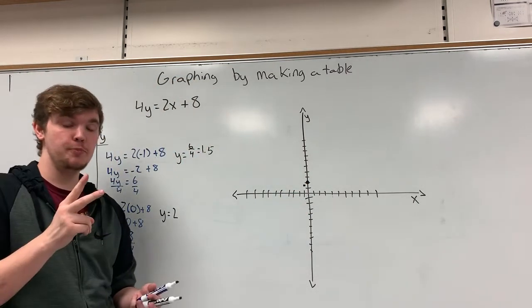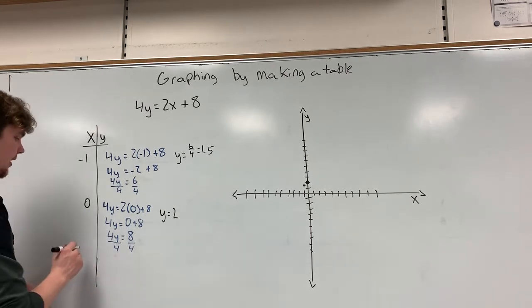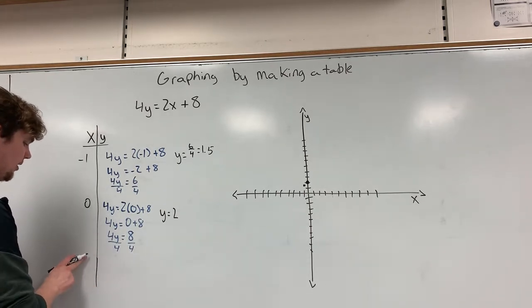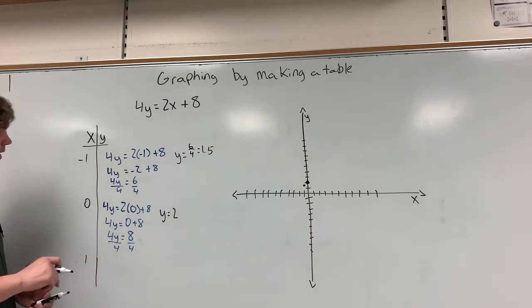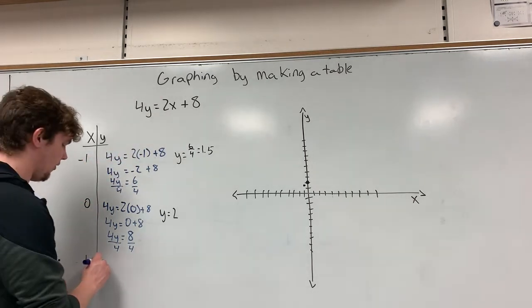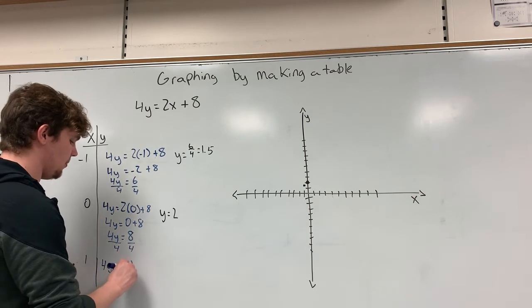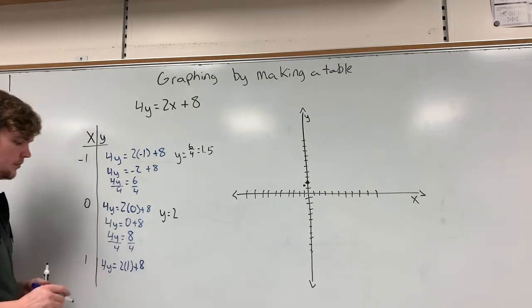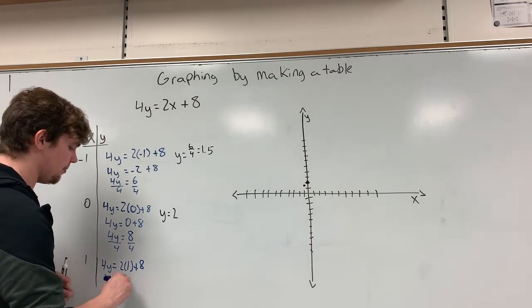Okay, so now I have 2 points on my graph. I'm going to get 2 more. The next one I'm going to use is positive 1. This is a nice one as well. So I'm going to take positive 1 and sub that in for my x. So I have 4y equals 2 times 1 plus 8. 2 times 1 is just 2 plus 8.